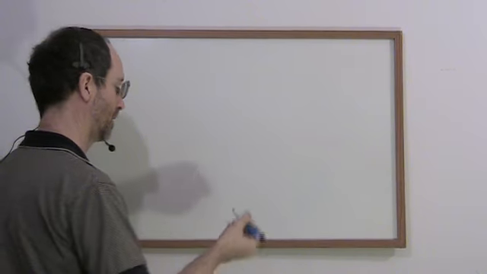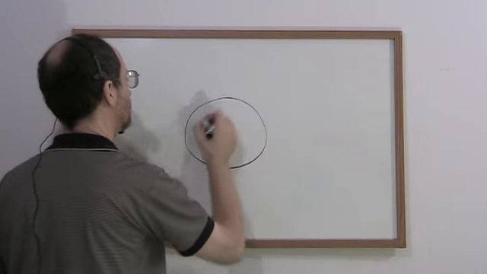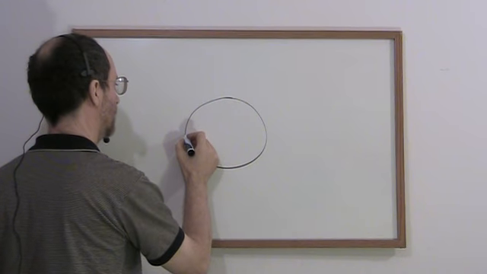Pi is the relationship between a circle's circumference and its diameter.